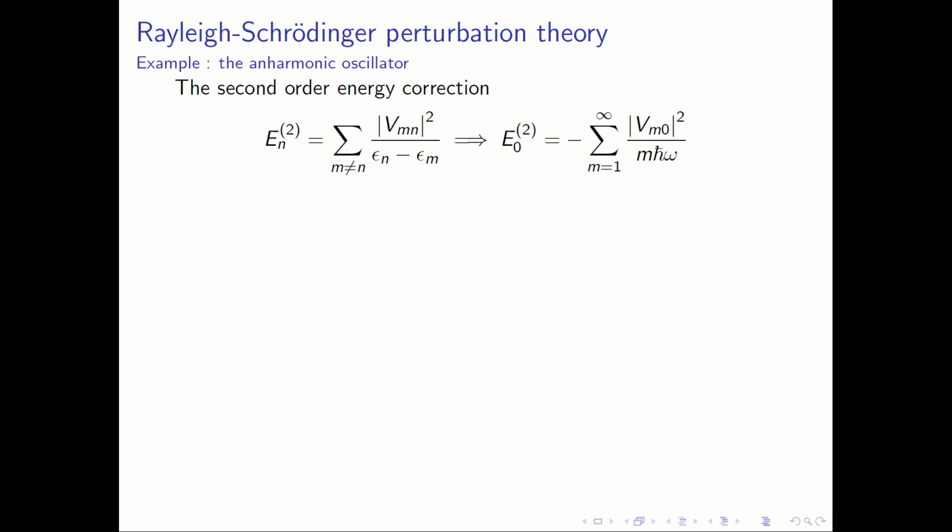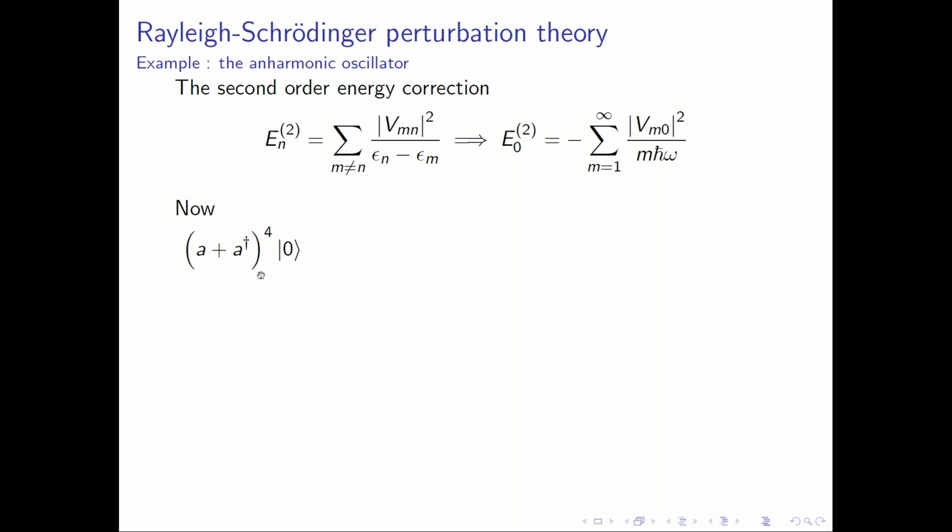So the sum goes from m equals 1 to infinity. So this looks like an infinite sum, but as we will soon see, the vast majority of the terms in this infinite sum are actually all 0, because Vm0 is non-zero only for some specific m's. Which ones are those? That's pretty easy to figure out.